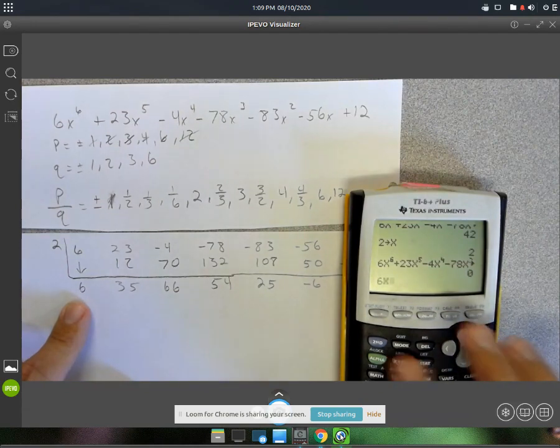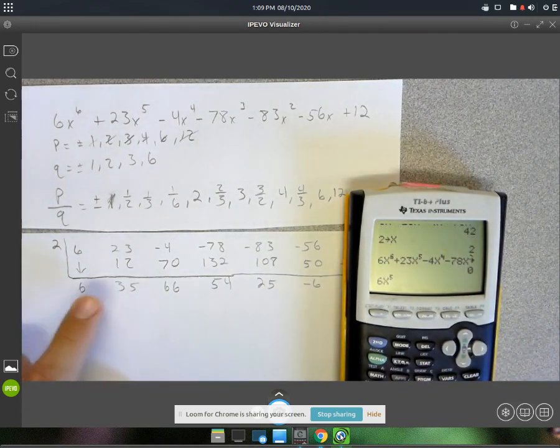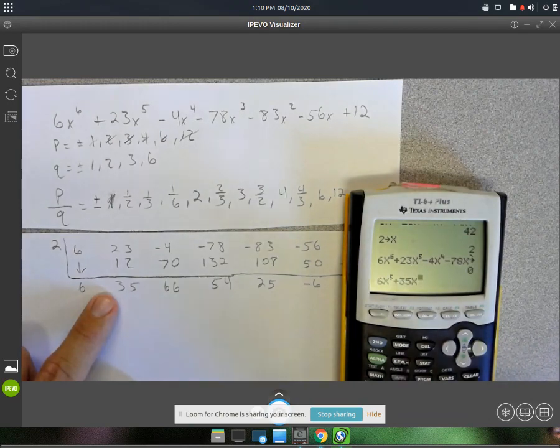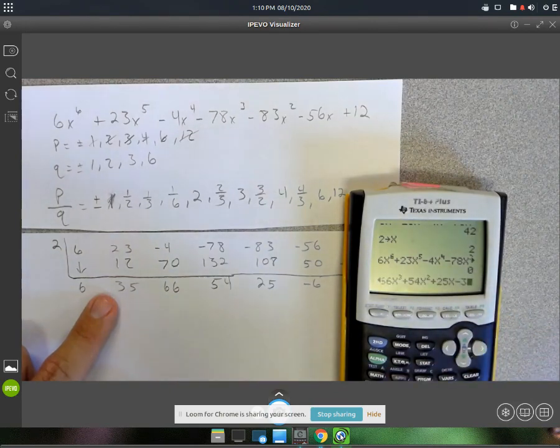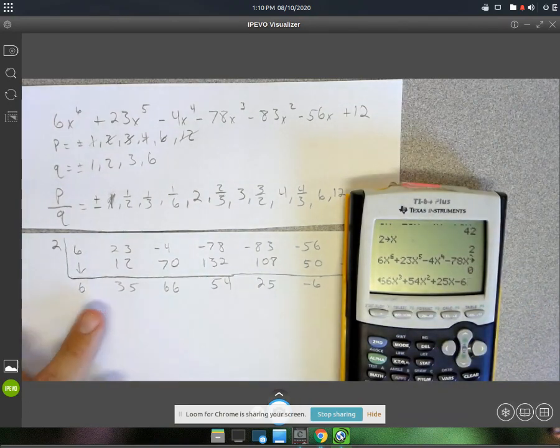We've got 6x to the 5th plus 35x to the 4th, 66x to the 3rd, 54x squared plus 25x minus 6. Right there.